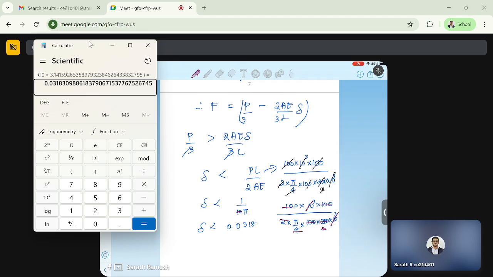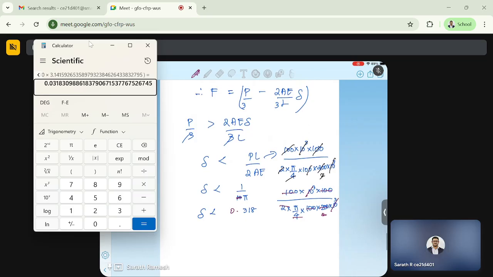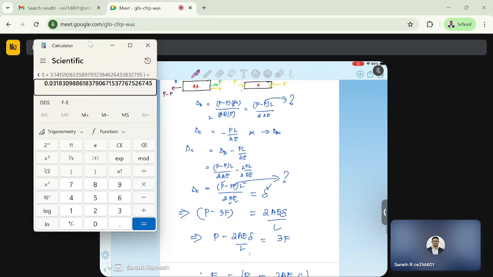It's not 10 pi. It is 0.318 mm, right? Delta has to be less than 0.318 mm, but in our question, we have been given 1 mm.